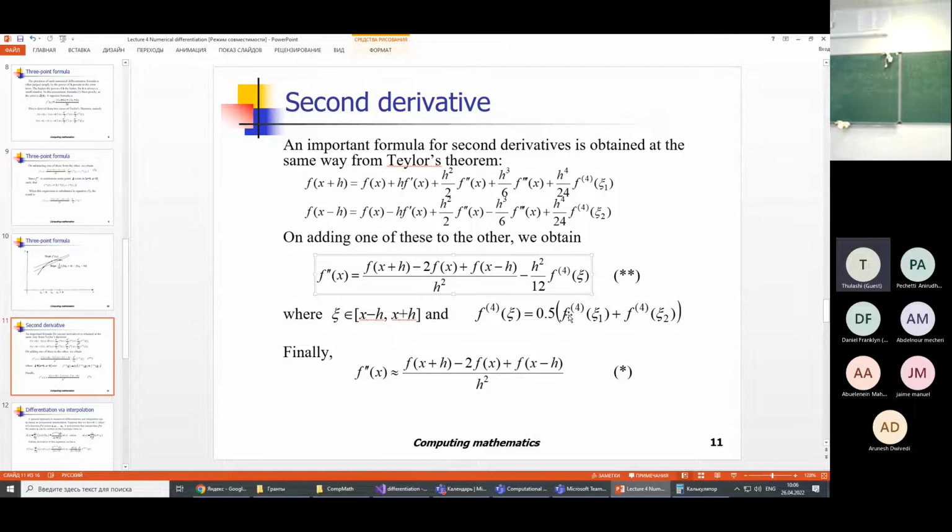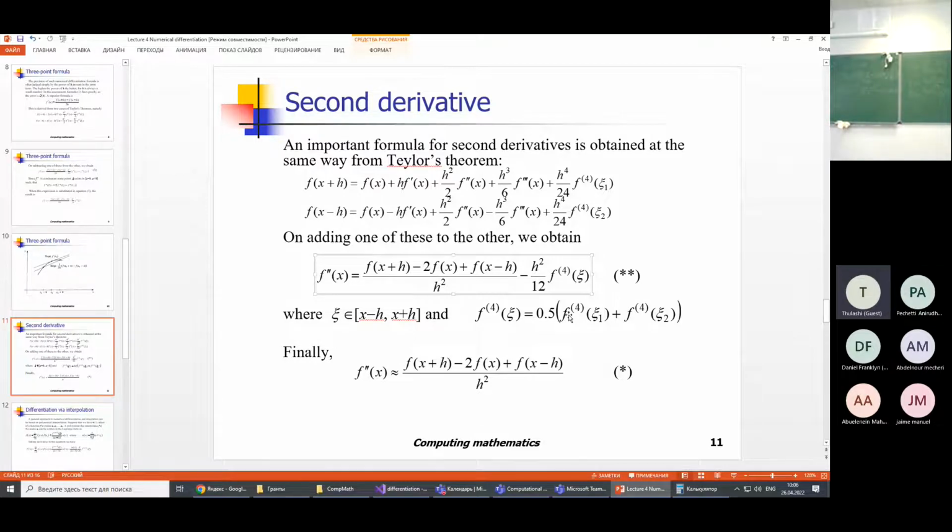h is not 0, h is 0.1. Again, the error depends on two terms, h and the derivative. h is not 0, the derivative is 0, and we get the exact value. But in case number 2, what is the fourth derivative of e power x?